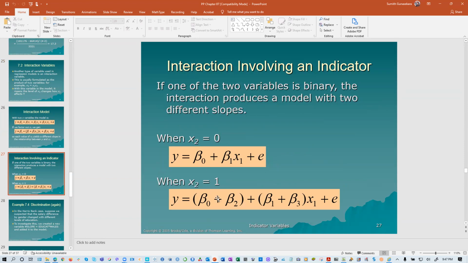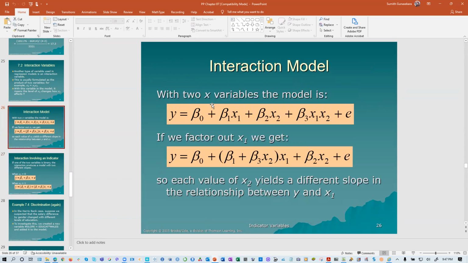When x2 equals 1, you have this one. Say you have two variables, x1 and x2, and the third one would be the interaction of these two.